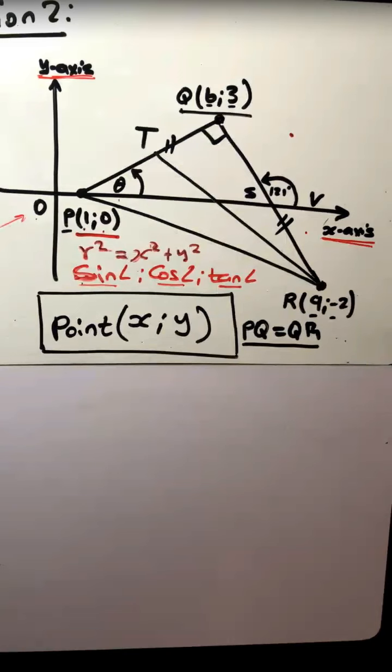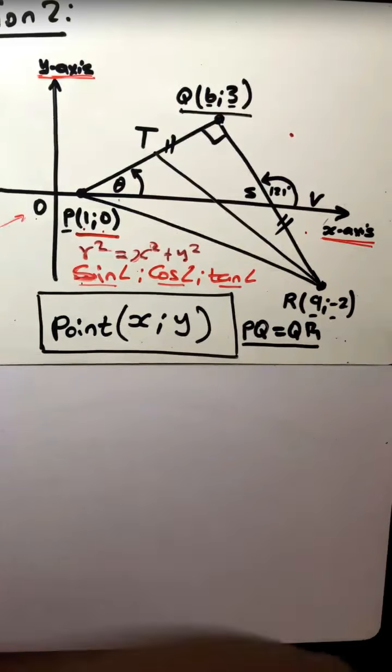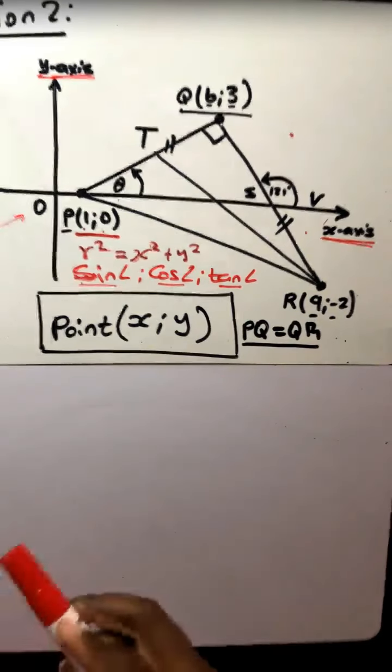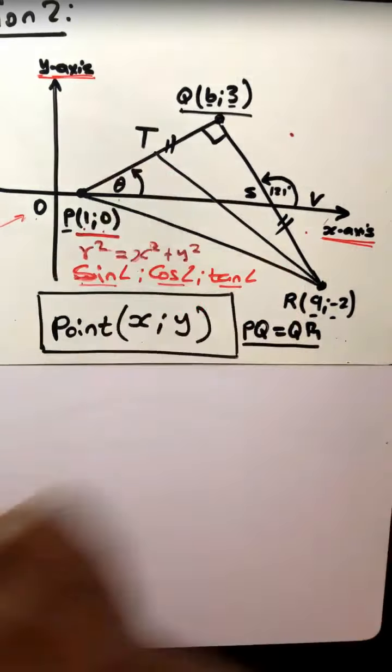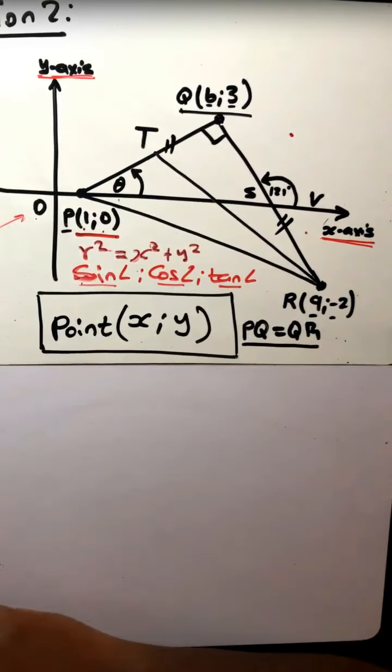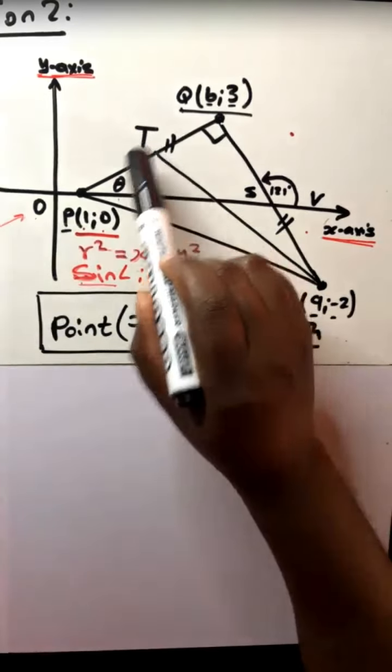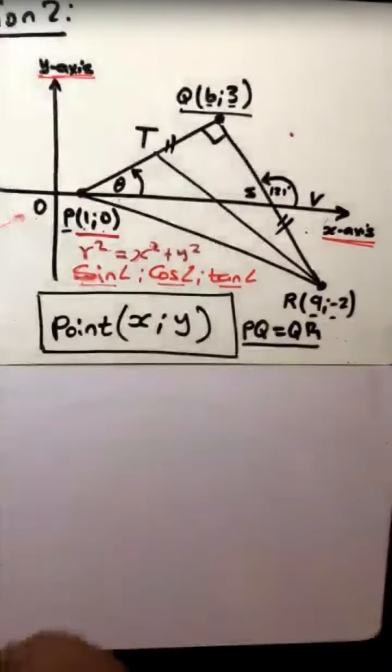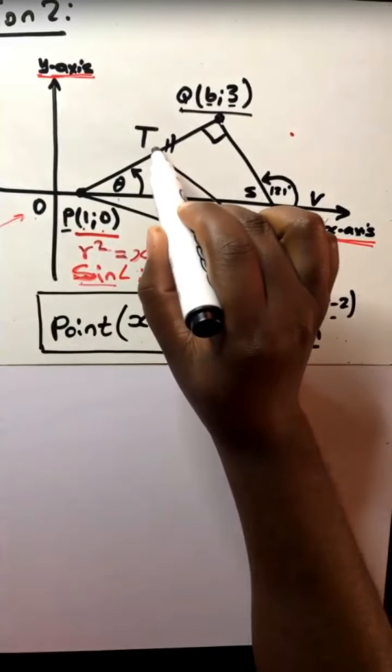So now let's proceed with the given information. They say T. The moment they say T, you know they're talking about a point. So where's T, guys? There is T. Okay, so now I know exactly what they're talking about. What about point T, guys? T is a point on PQ. Let me check. T is a point on PQ. Okay, that's correct. So let me just make a point over there.